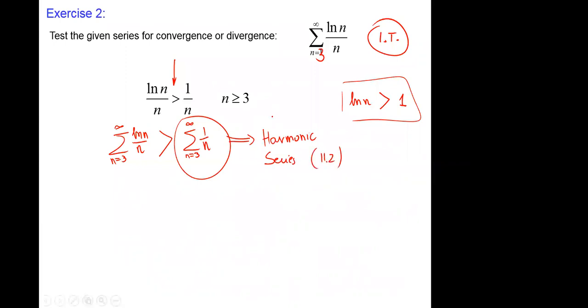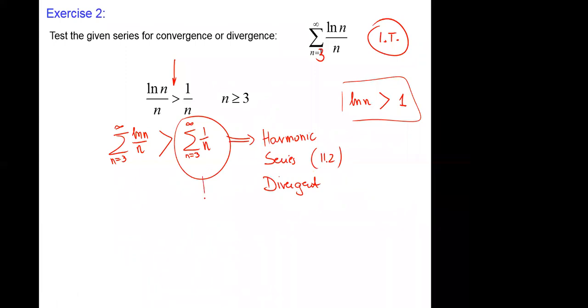Harmonic series, can you just confirm whether it is convergent or divergent? Yes, thank you, divergent.